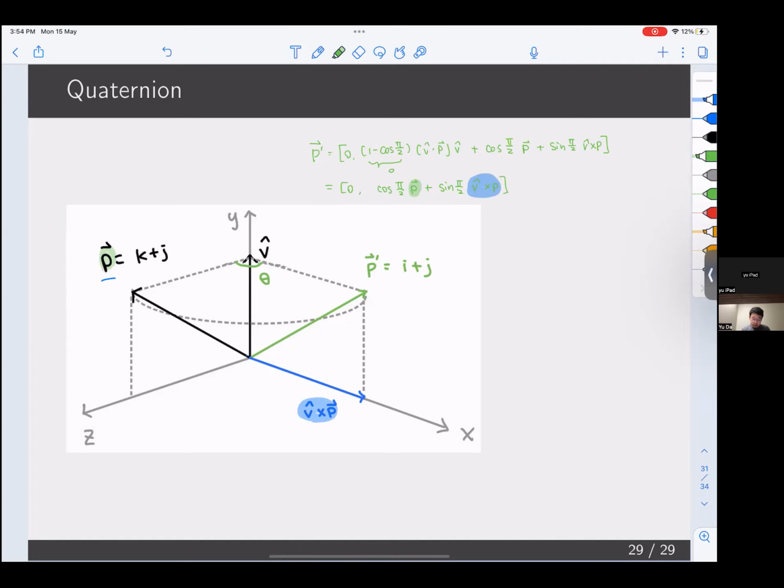So we can see that the resulting vector is rotated by theta, giving the result we want.